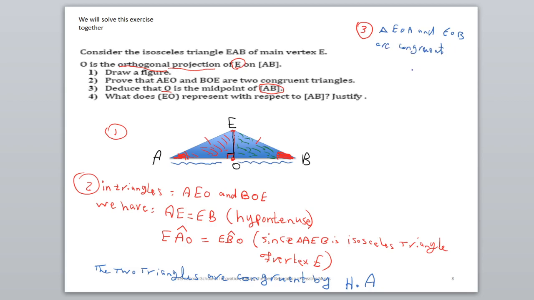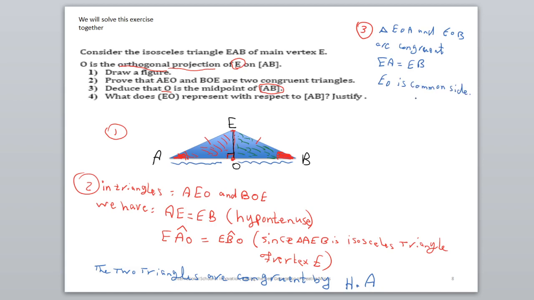Since they are congruent, let me write the sides that are equal. EA equal EB, given. EO is common side, right?